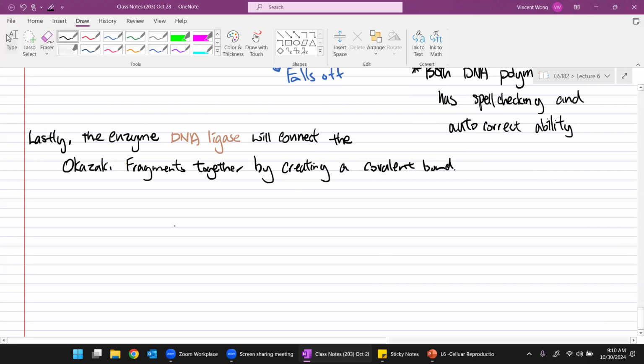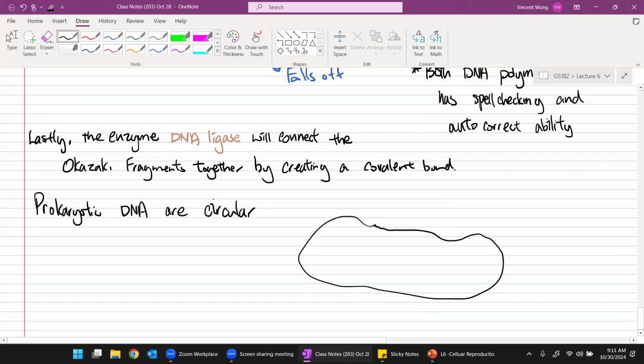Now, remember, I told you prokaryotic DNA is circular. Okay. So it looks like this. Now, obviously, it's a double strand, but I'm not gonna draw that because it's confusing to draw double strand. Just watch. So basically, you're gonna have a primer, and then you're gonna build this way. And then you're gonna have another primer, another primer, another primer, and maybe another primer here.